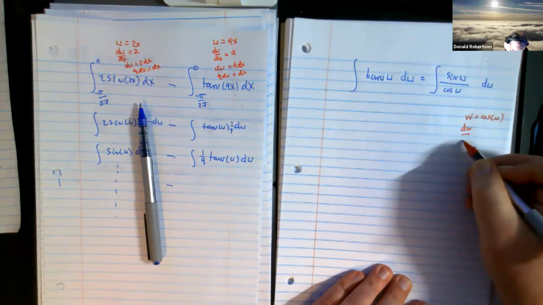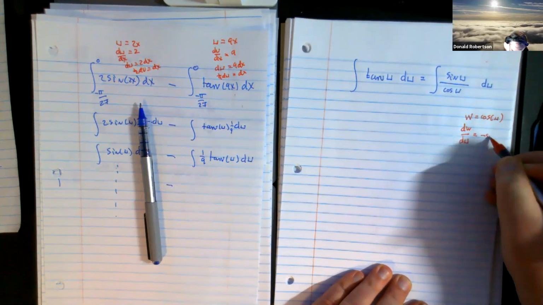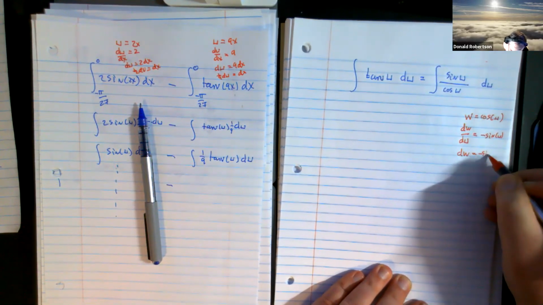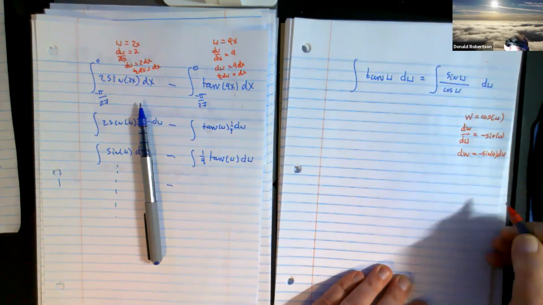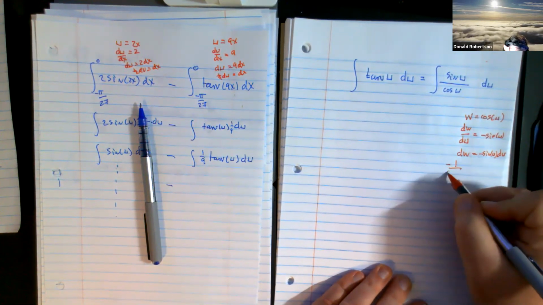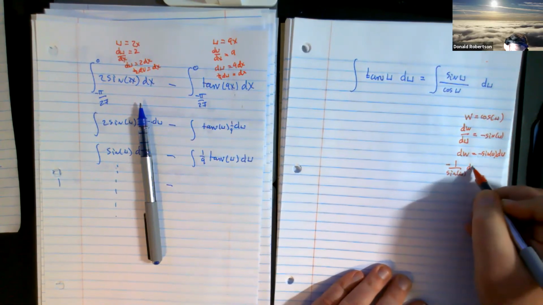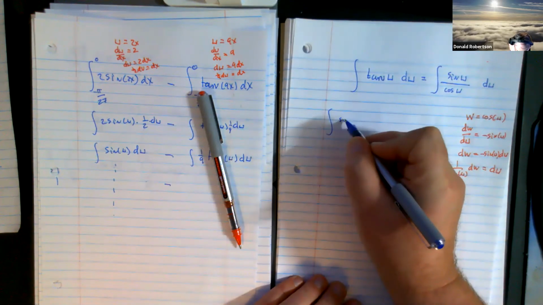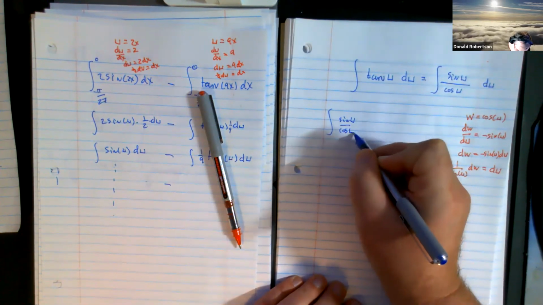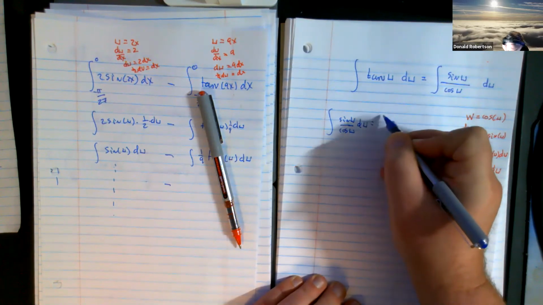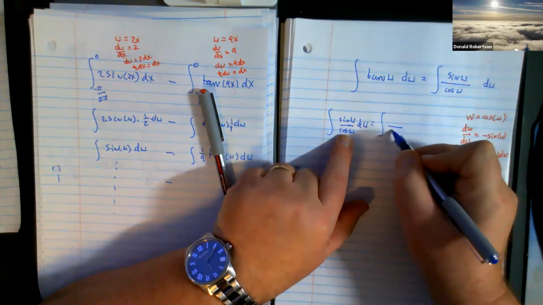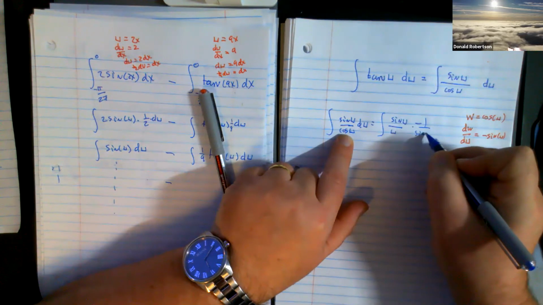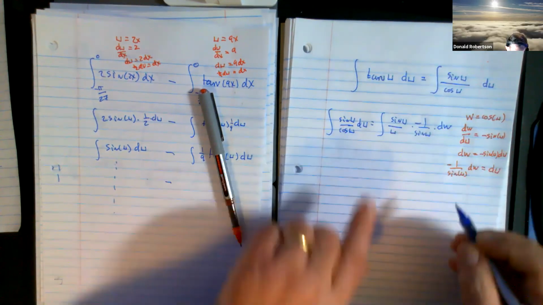Then dw by du is negative sine of u. dw is negative sine of u du. And when you isolate it, you got that. So sine u over cosine u du becomes negative 1 over w dw.